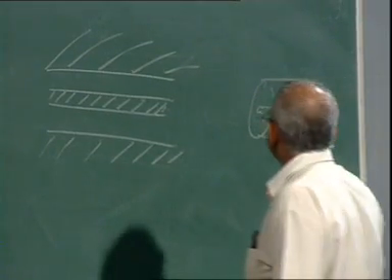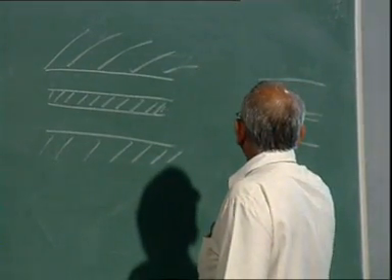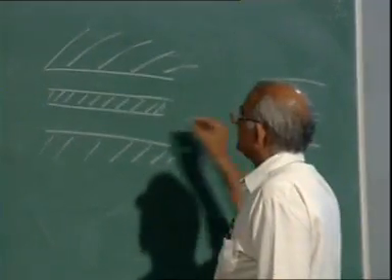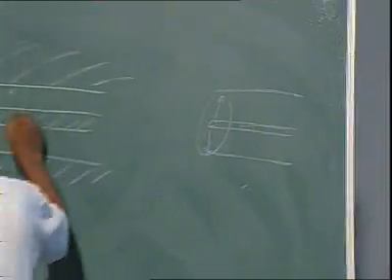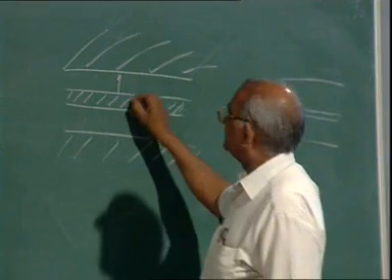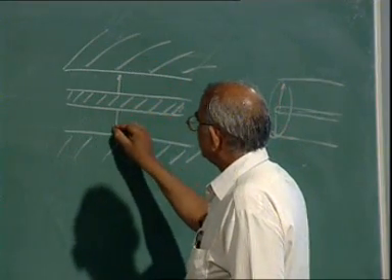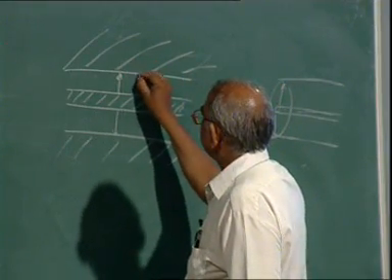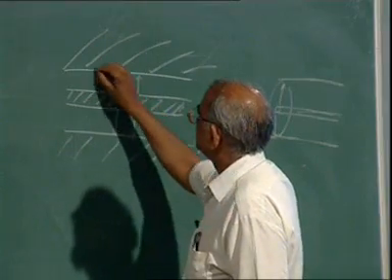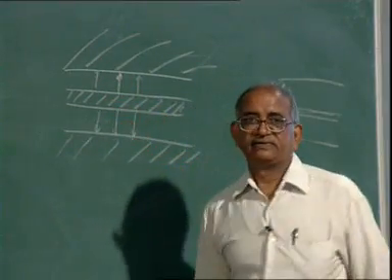And just like in the coaxial line, the electric field is like this. Since this is at a higher potential and this is at a lower potential, the electric field lines will be like this.